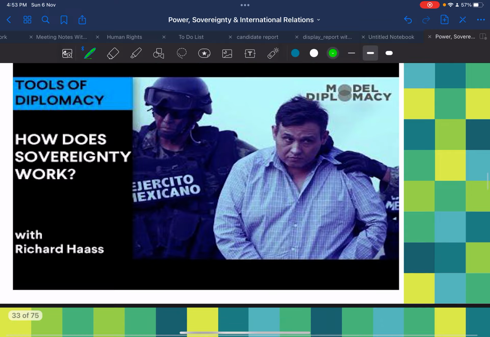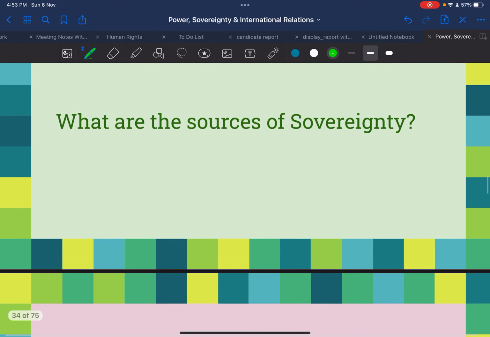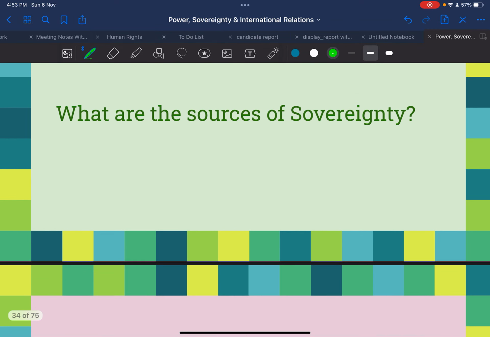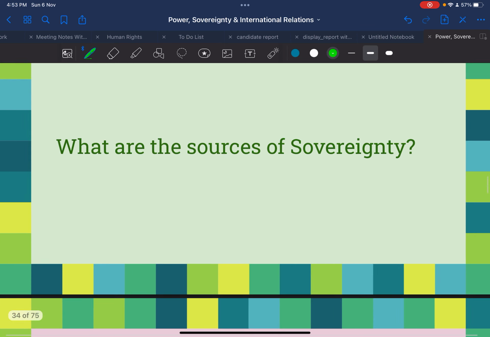I go further and talk about what the sources of sovereignty are. What do I mean by sources of sovereignty? That means from where sovereignty derives its own supremacy, right? So one can be the possession and use of force. When do we consider a state a powerful sovereign state, right? So one would be use of force.